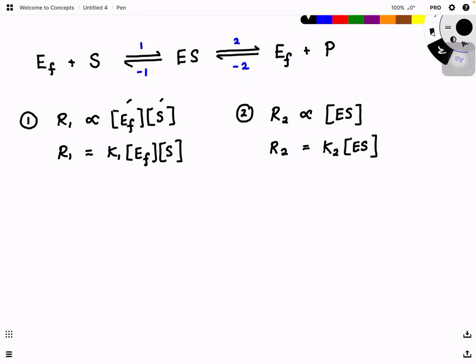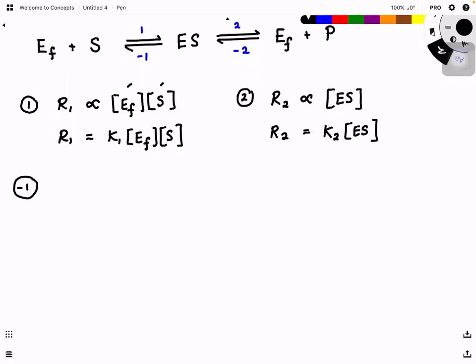Okay, clear? So different rate constants: we have constant number 1, constant number 2, they are the multipliers. If you're still confused about this rate constant, I will show you again later. Now, equation -1.